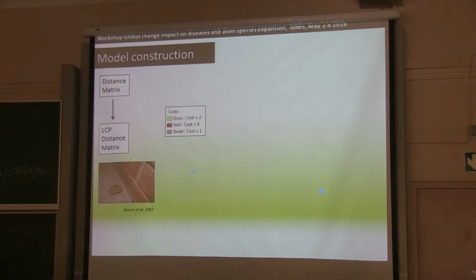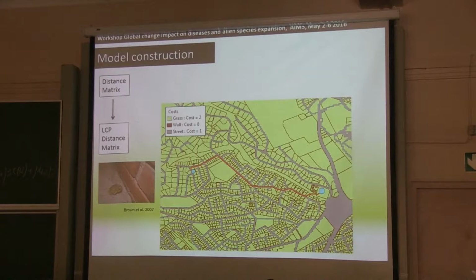But if this toad is jumping or dispersing on the street, the cost will be 1. That is the least cost that we can have.